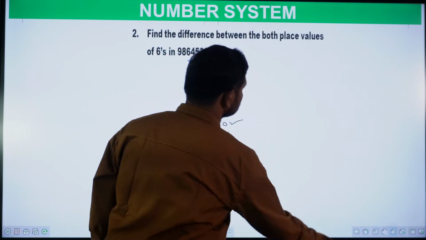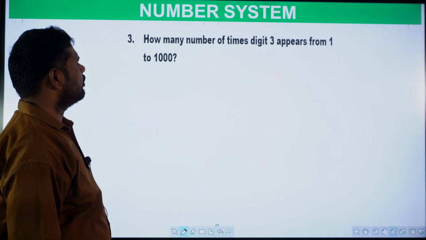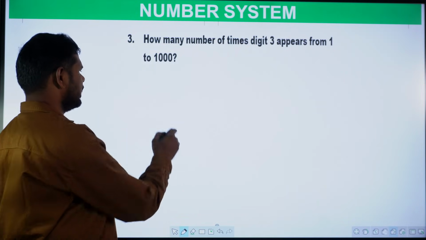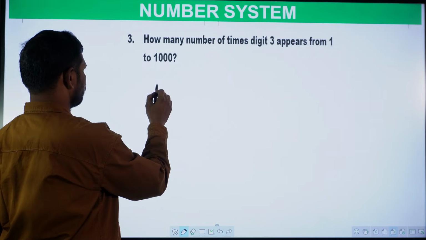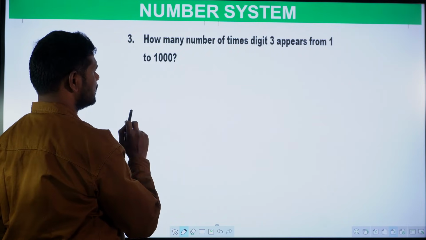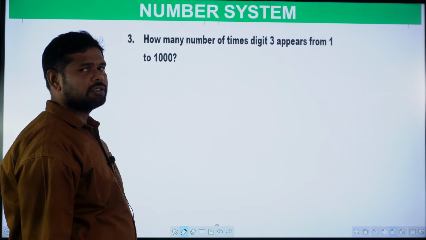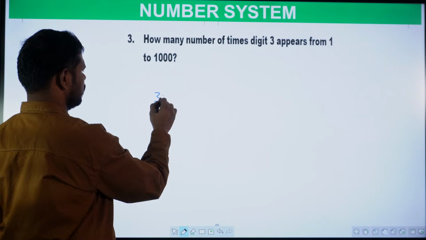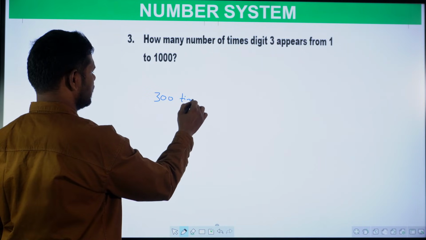So clear. And how many times does digit 3 appear from 1 to 1000? If you remember directly, 300 times.